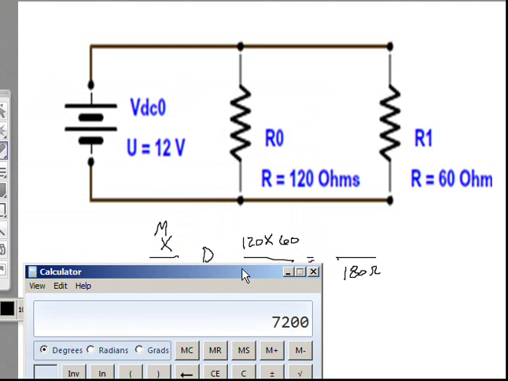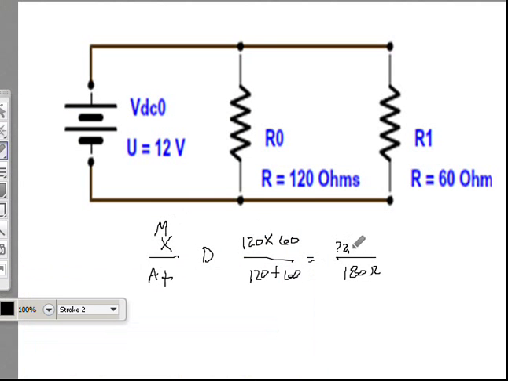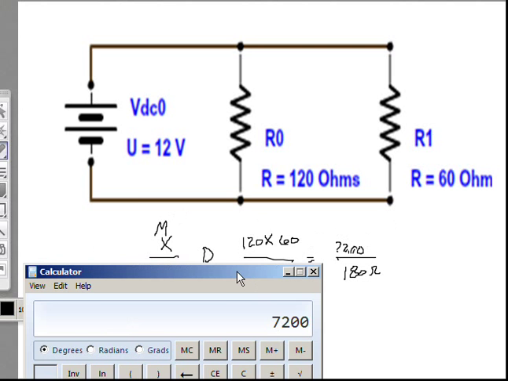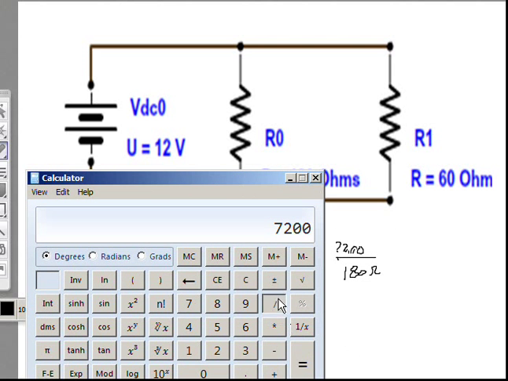So 7,200 over 180, which equals an equivalent resistance of 40 ohms.